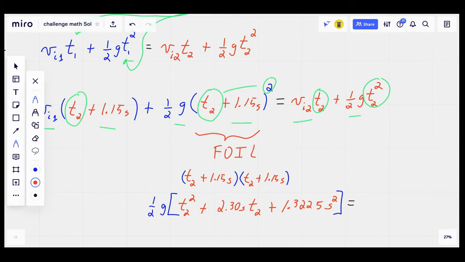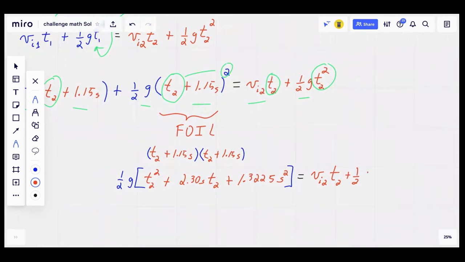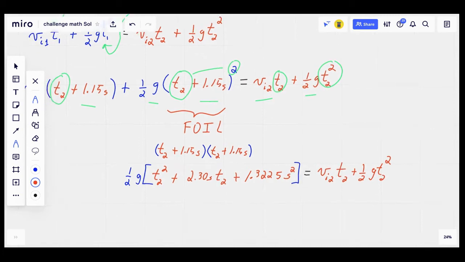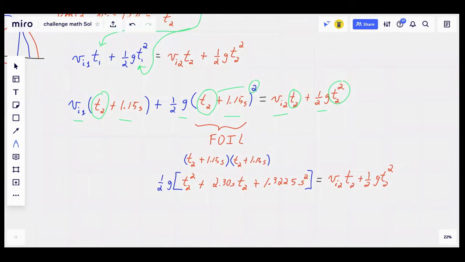Equals, and we're just going to rewrite the top here. Okay, now let's take care of the left side over here. I'm going to take my V initial 1 and multiply it through.